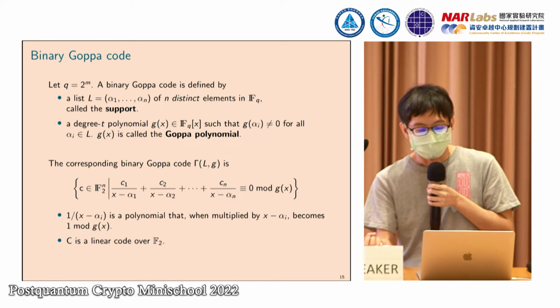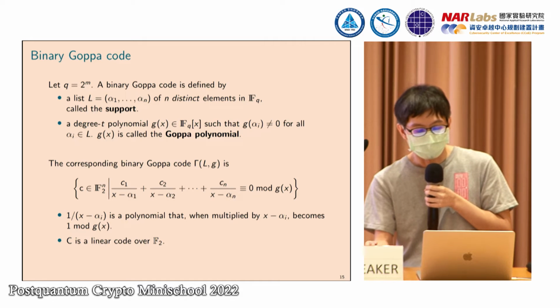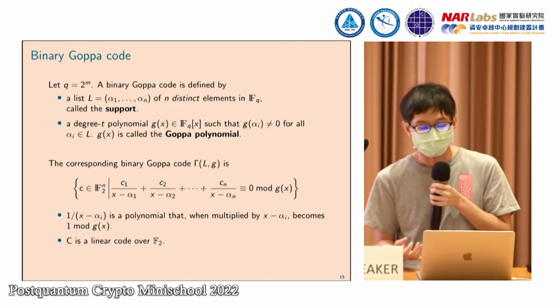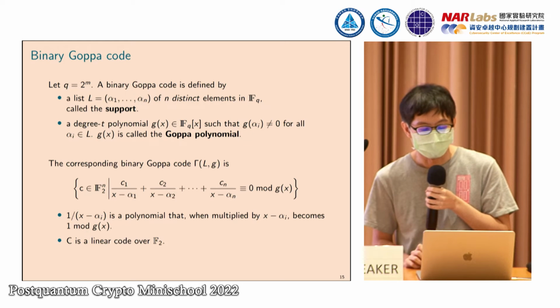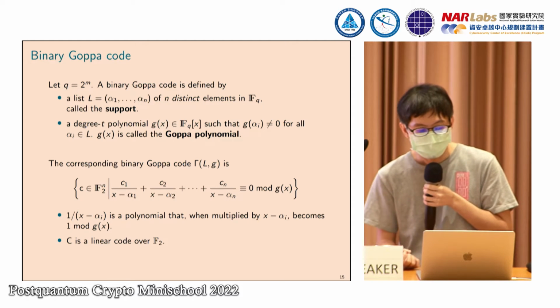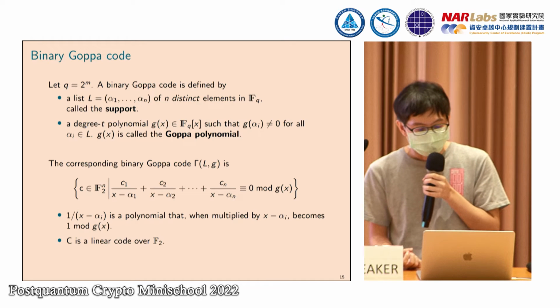This means that it's a polynomial that, when you multiply it with x minus alpha i, becomes 1 modulo g of x.